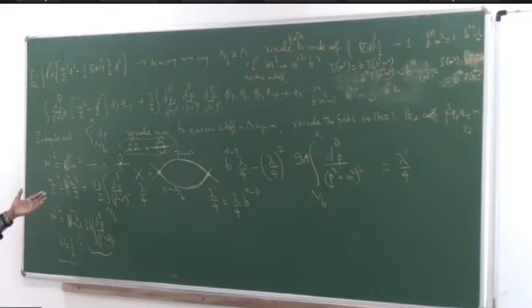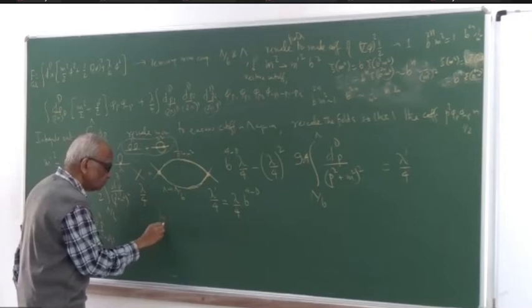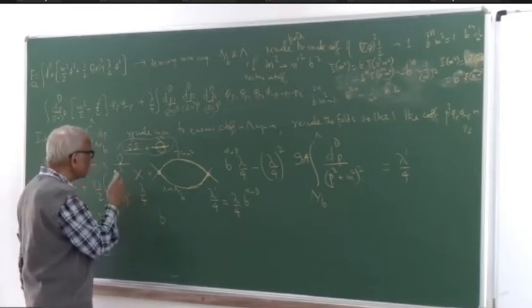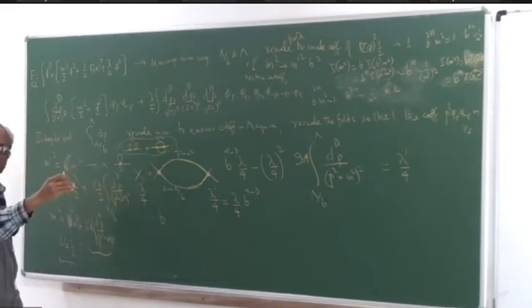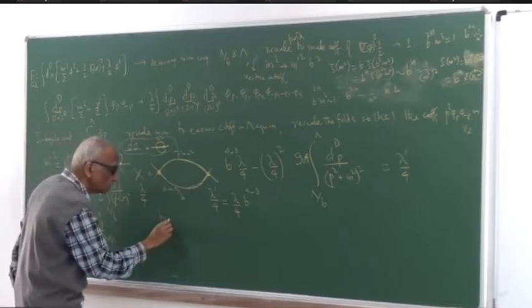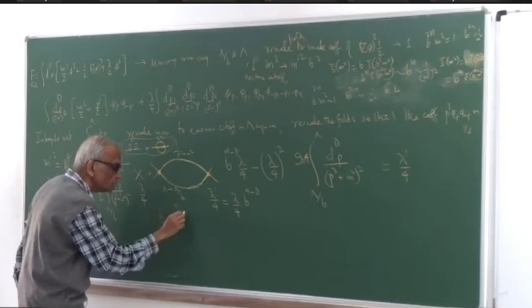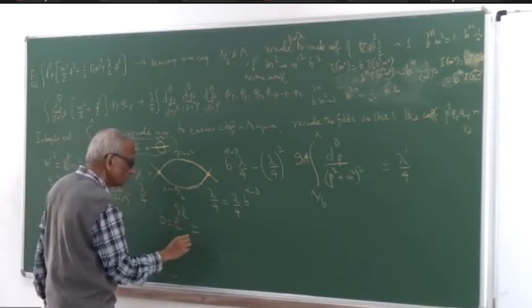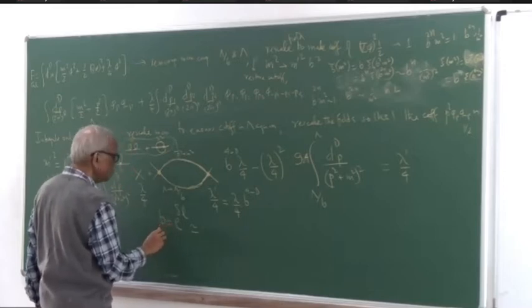I want to make it a continuous process and write b as something which is close to unity, so that b can be a continuous variation. So b I write as e to the power delta L, which is very nearly equal to, b prime.